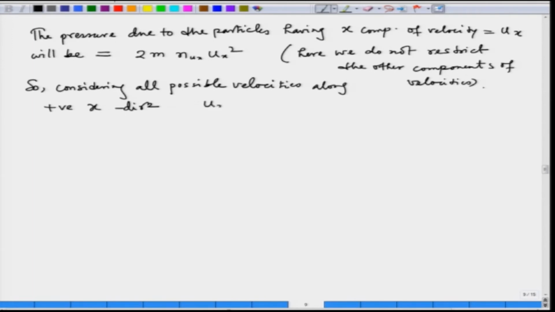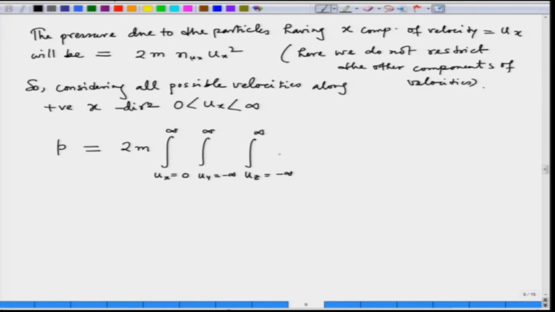That means the range should be 0 to positive infinity. We finally have our P equal to 2m integration, ux equal to 0 to infinity, uy equal to minus infinity to infinity, uz equal to minus infinity to infinity, f(ux, uy, uz), ux whole square, dux duy and duz.